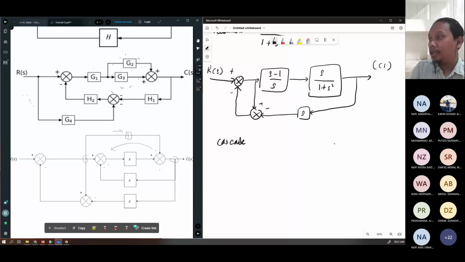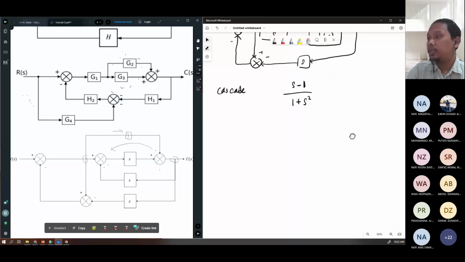Then we get (s minus 1) over (1 plus s squared). Just multiply. And then we can redraw just to see the new arrangement, in case we get confused.